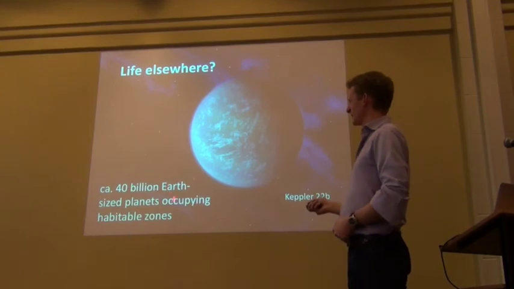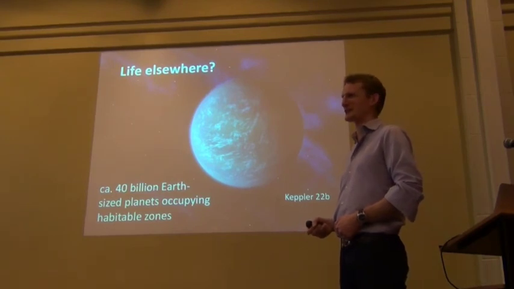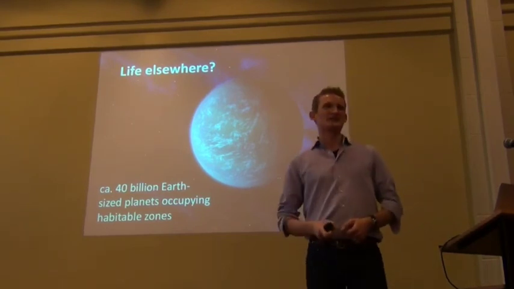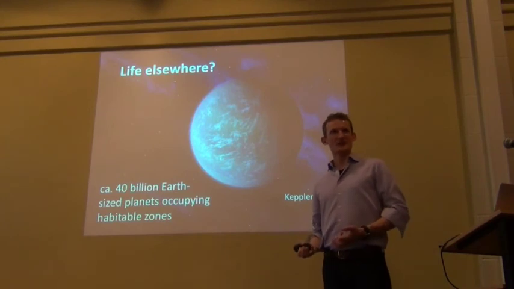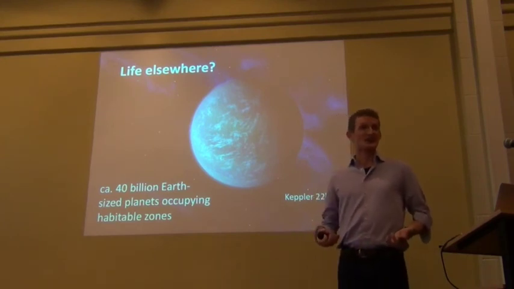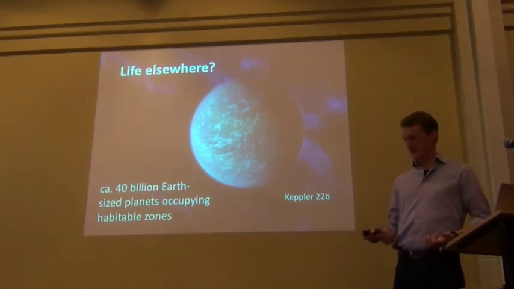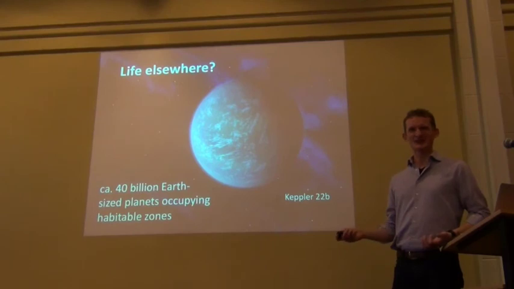And that's a low estimate. I heard somebody else argue that there were 10 to the power 20 planets similar to Earth. So if there's that many planets, the chance of finding life is pretty high. I would think it'd be incredibly surprising if we're alone in the universe. And that's very exciting.